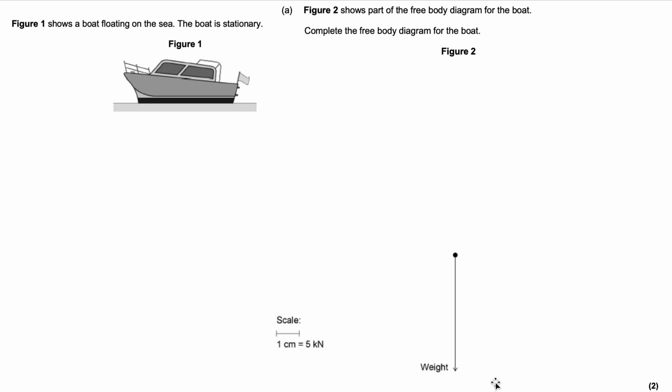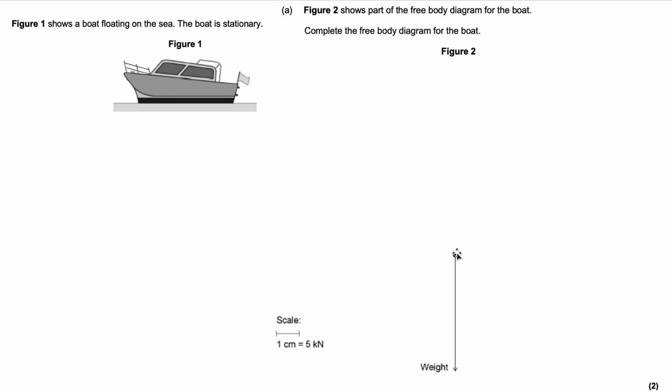The boat is floating on the sea, so it is being supported by the sea, which is water, a liquid, and we should know that the supporting force from a liquid or a gas is upthrust. So for the second mark, we need to label our arrow upthrust.